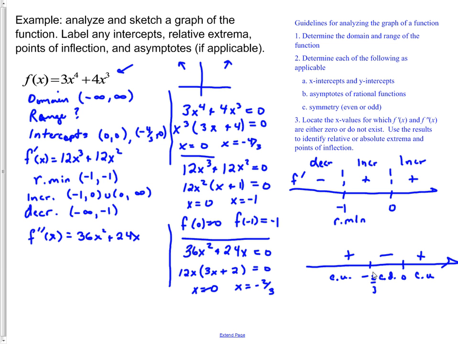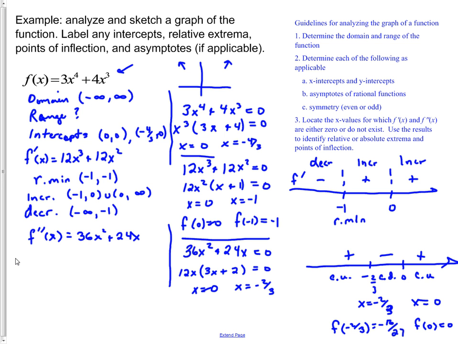So I substituted x equals negative 2/3 into my original function. f of negative 2/3 turns out to be, and you can work this out for yourself, negative 16/27. And another critical number, as far as our points of inflection, occurs at x equals 0. And we know, of course, that f of 0 is equal to 0. So that's another point of inflection.